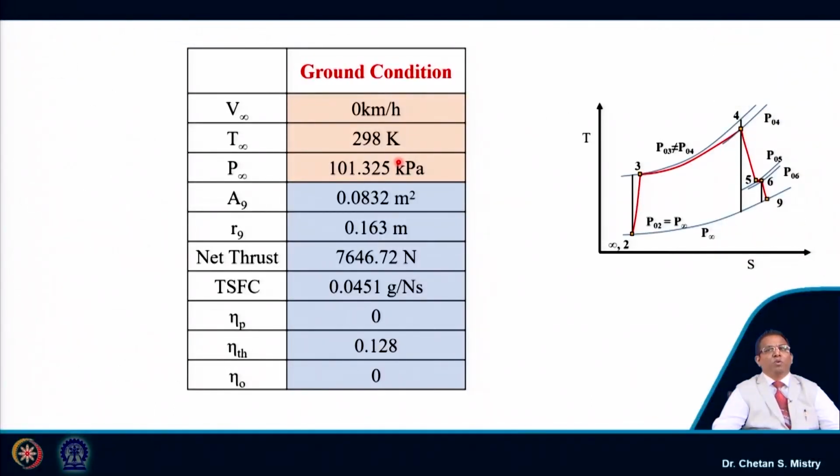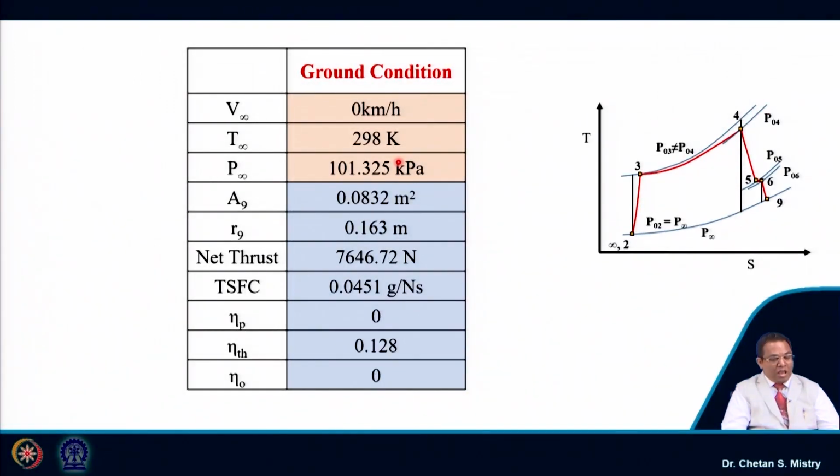So, let us look at this. These are the numbers we are getting. Net thrust we are getting 7646.72 Newton. My thrust specific fuel consumption is 0.0451 grams per Newton second. My propulsive efficiency is 0%, thermal efficiency is 12.8% and overall efficiency is coming 0%.